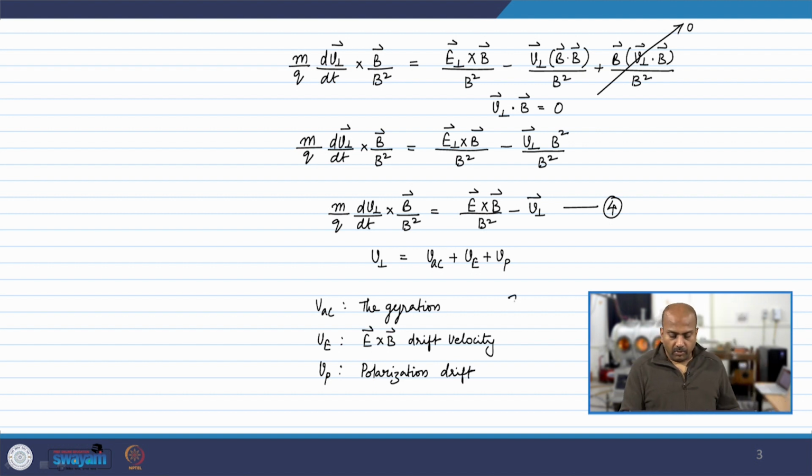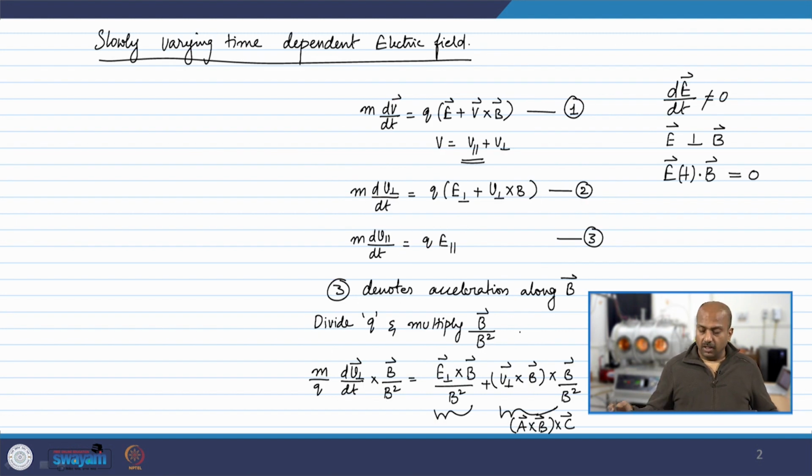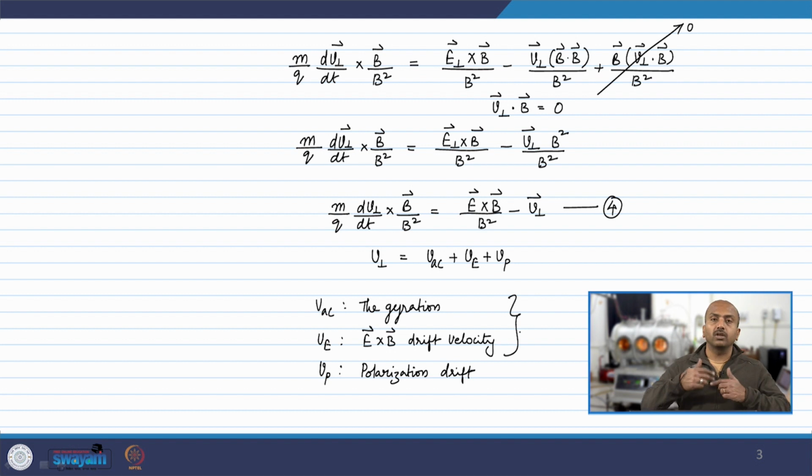Now these two are very familiar to us, right. Whenever we have an electric field, for the particle's movement, we know V parallel remains constant along the direction of the magnetic field, because equation number 3 already tells you that. But the perpendicular component, V perpendicular, is the square root of Vx square plus Vy square.